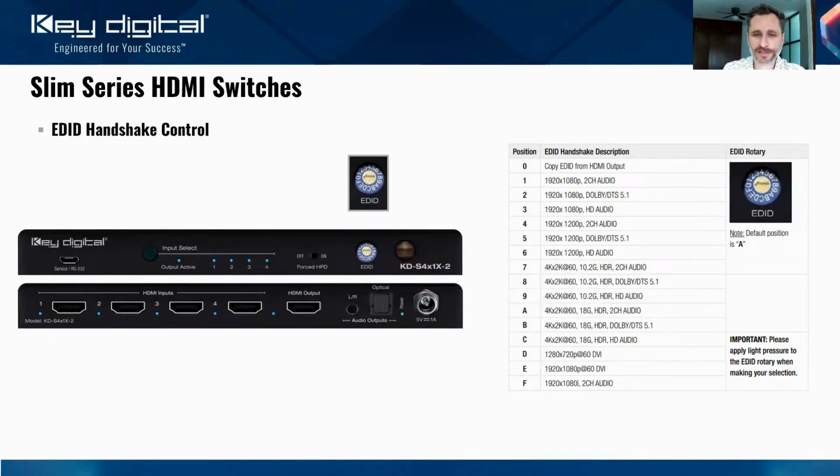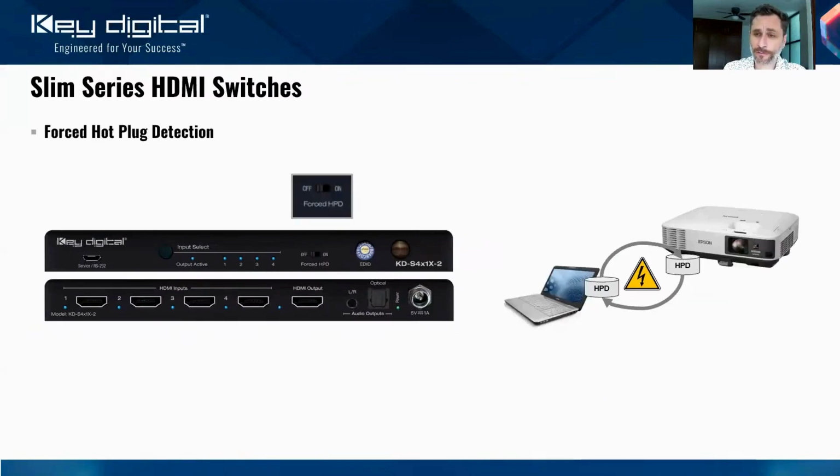EDID control. Here we see the rotary. I've already explained what that does for you in the earlier sections of this video, and the forced hot plug detection as well. See, EDID and hot plug, this is the secret sauce. This is what separates this product from those products that you could find online for, you know, $50 or $20 or $30.